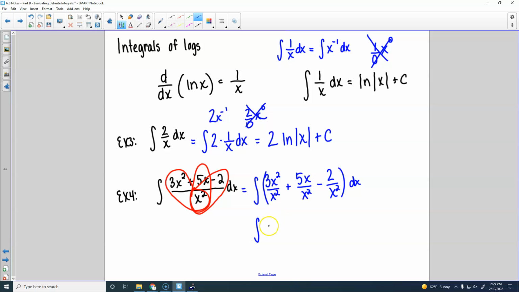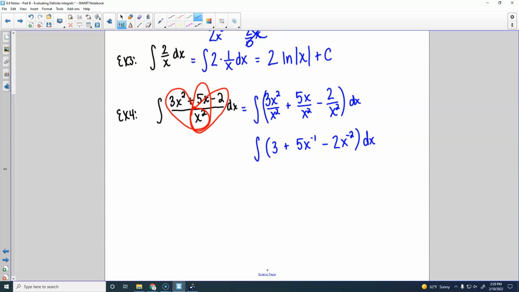So that is just going to be 3 plus, I could make this 5x to the negative 1, or I could make it 5 over x. Whichever way you want to write that. And then 2x to the negative 2 dx.